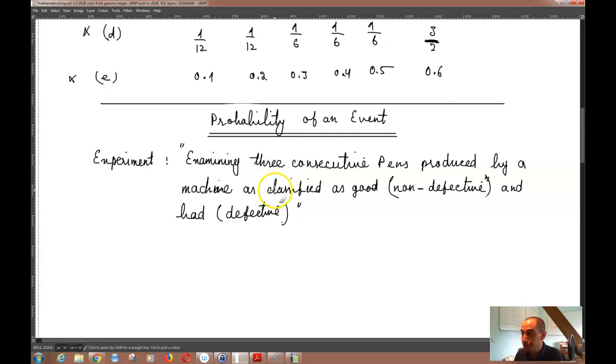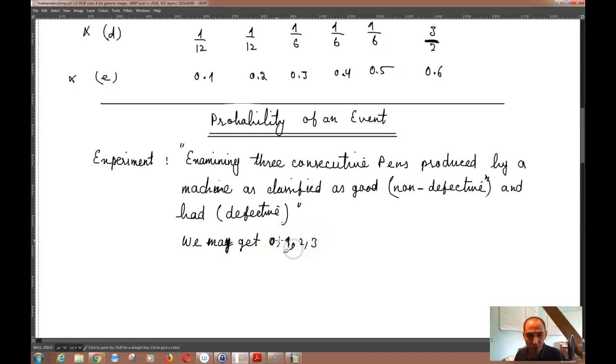So we may get 0, 1, 2, or 3 defective pens as a result of this examination. Well, that makes sense.